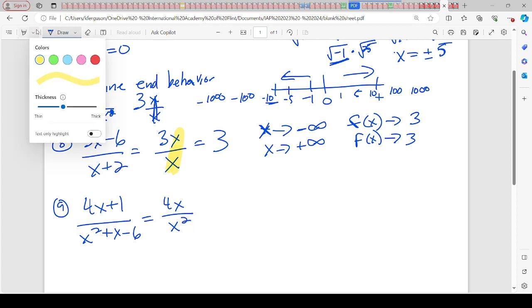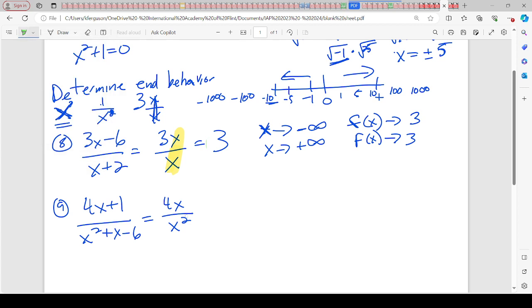Again, I've got an x on top and an x on bottom. So I pull out an x from the top and from the bottom, and I end up with 4 over x. This is my second possibility, that I have a constant on top and a variable on bottom. So the top doesn't change, but the bottom does.